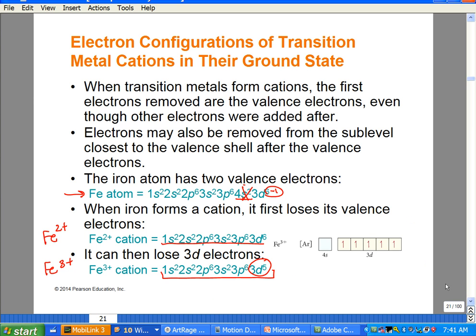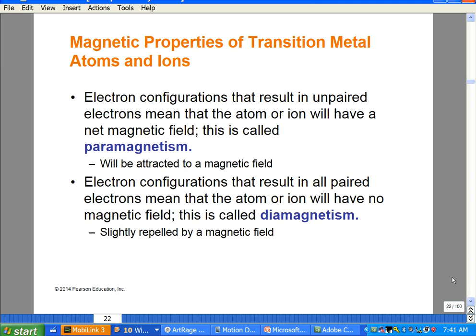So basically, if in any orbital you have any number of unpaired electrons, you have paramagnetism, and we call this a paramagnetic ion or atom.